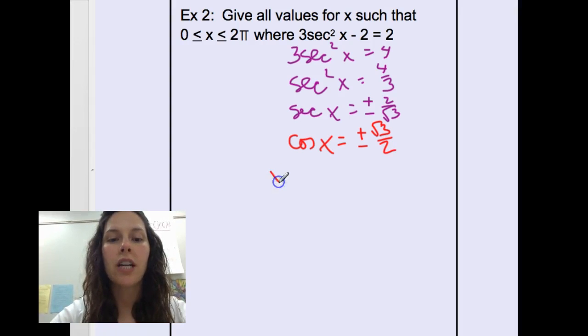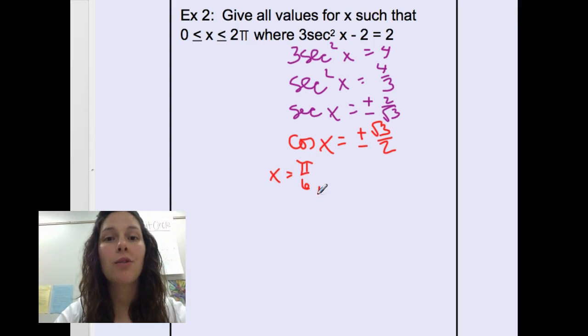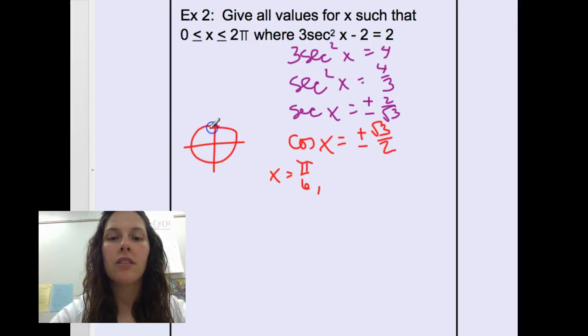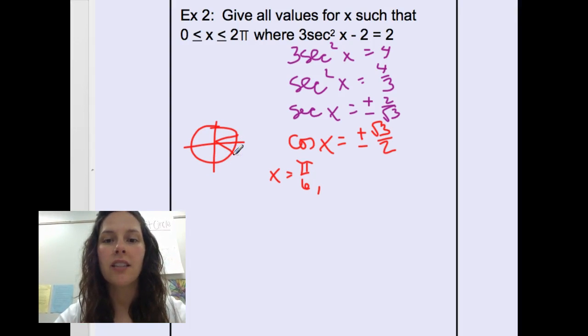So in radians, that would be pi over 6. And cosine is positive again in the first and fourth quadrants, so for the other quadrant where cosine is positive, thinking about that unit circle, we're pi over 6 away from the x-axis, so we want to be pi over 6 below the x-axis. That's at 11 pi over 6. So that's where the cosine would be positive.